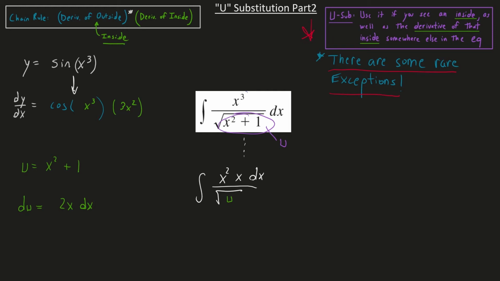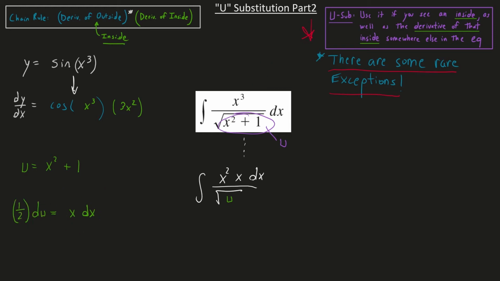I can split this numerator to look like this. X squared times x, well, that's my x cubed. And the reason I did this split is because, in a sense, I'm looking for an x times a dx. I don't see a 2 in here, so I can divide both sides by 2 to get that 2 over to the left side, so let's do that.